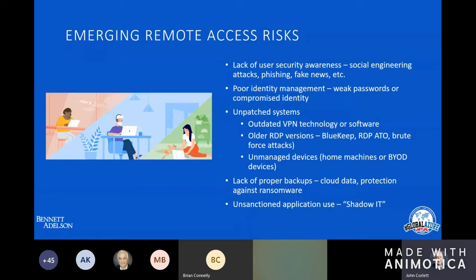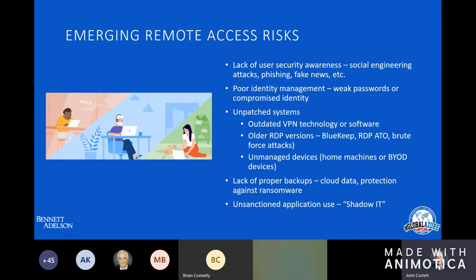If any of those have been compromised in one of the big data dumps that we've heard about in the last few years, then you could seriously be putting yourself in jeopardy if, say, a user is using a home laptop or a home PC. Then, of course, we've got the traditional unpatched systems, lack of proper backups, and the rising use of shadow IT.